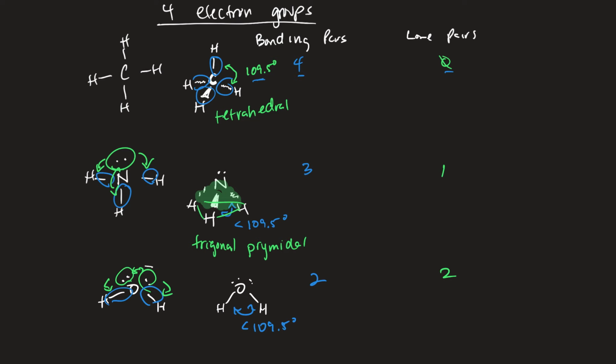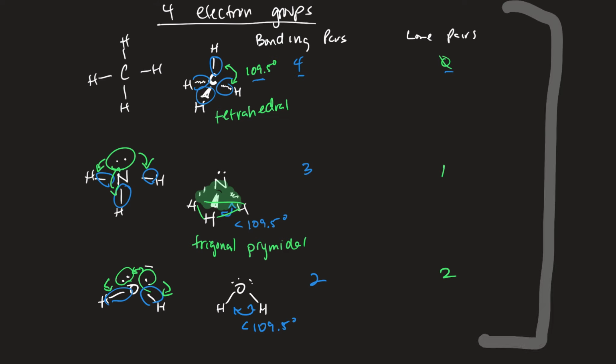All right, and so as I said, look at all the similarities. If you think about these 4, all these 4 have 4 electron groups, and so they're all derivatives of a tetrahedral shape, if you think about the electron geometry. But the molecular shapes all depend.